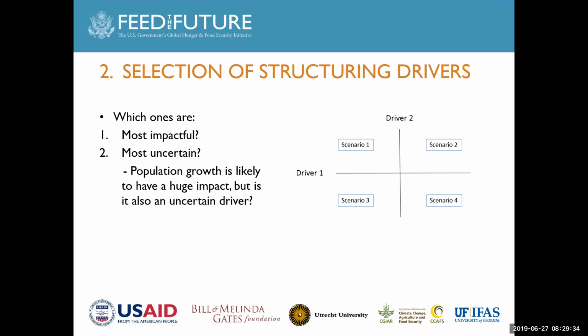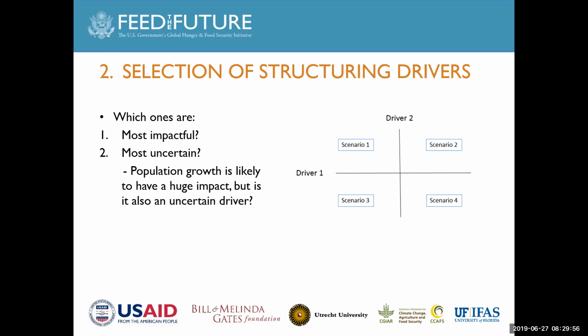Which drivers are the most impactful? And secondly, which drivers are most uncertain? Why that second one? Well, for example, if we look at a driver like population growth, it's very likely to have a huge impact in the near future, in the coming decade. But is this also an uncertain driver?